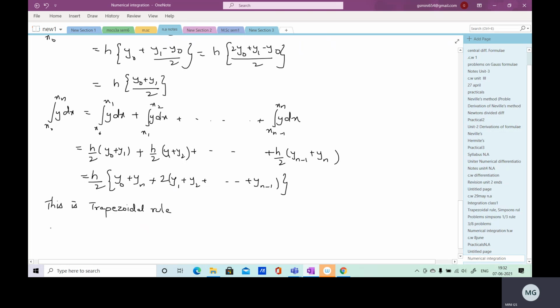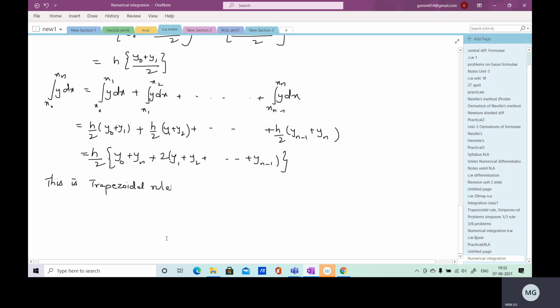Then let me look at Simpson's rule. Simpson's 1 by 3. How do you get Simpson's 1 by 3 rule?